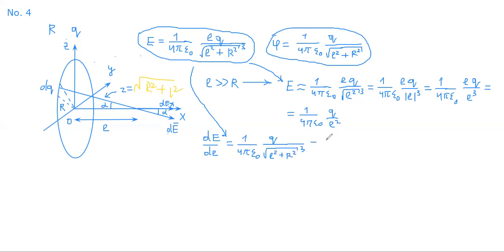So we have minus 3 divided by 2, 1 divided by 4πε0, here qL divided by the square root of L squared plus R squared to the power of 5, because 3 divided by 2 minus 1 is equal to plus 1.